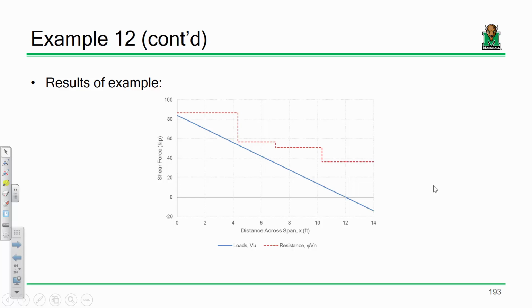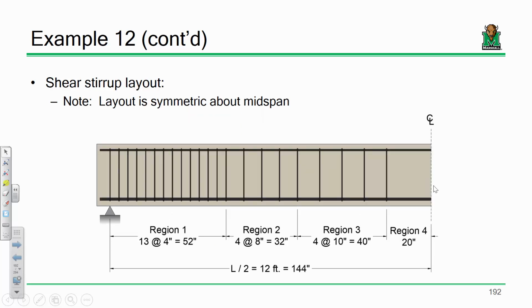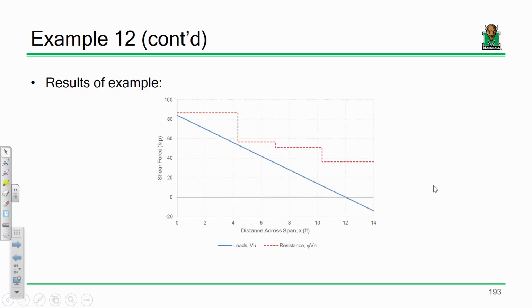Notice how the resistance, there's a couple things to notice. See how it's kind of stair-stepped? The reason it's stair-stepped is because I've got 4 regions. For each of those regions, 1, 2, 3, 4, I have a separate capacity. That's point 1. But number 2, notice how the resistance curve is above the blue curve.